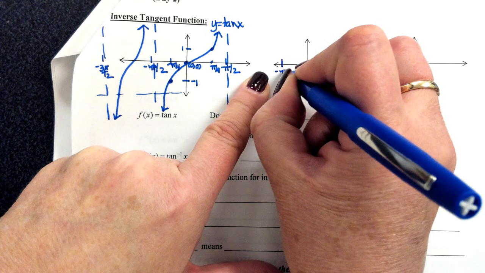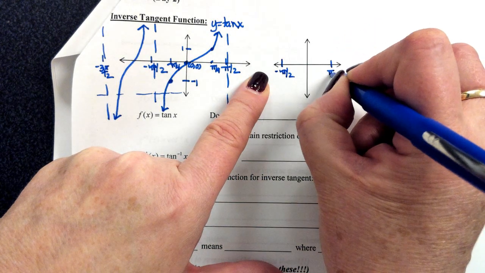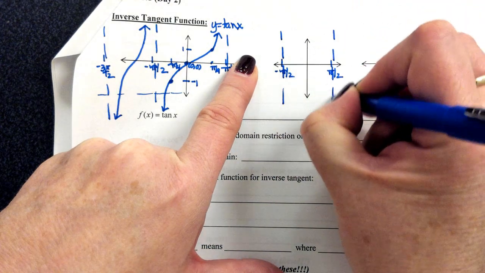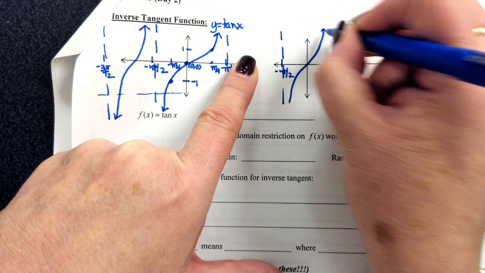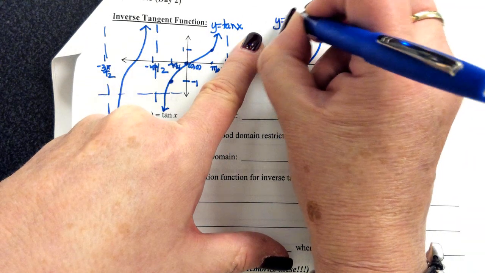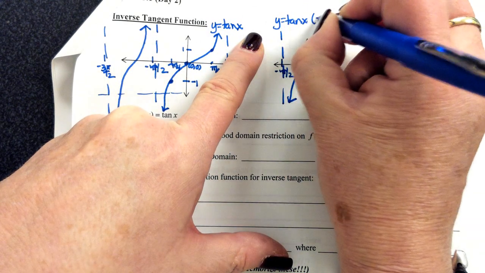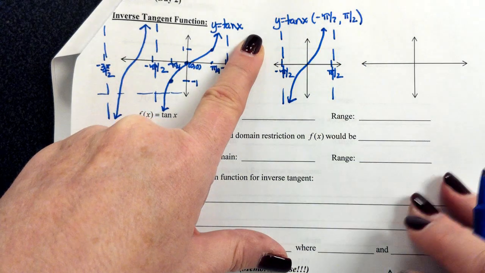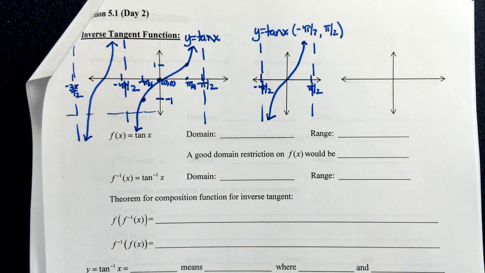So the domain restriction we place on tangent of x is going to go from negative pi over 2 to pi over 2. So again, with a restricted domain, tangent of x from negative pi over 2 to pi over 2, now not only is it a function, it is a one-to-one function.